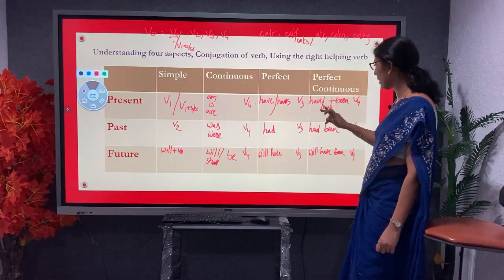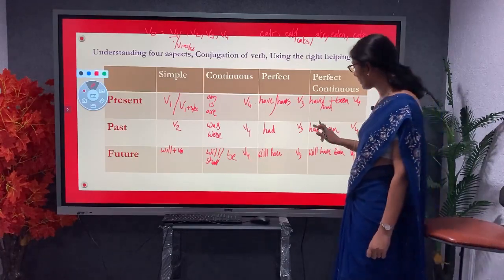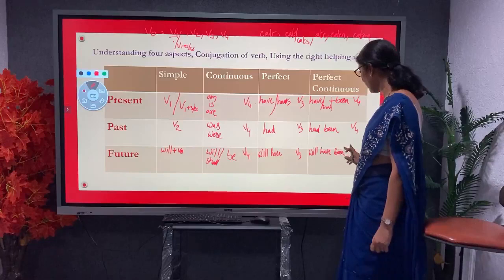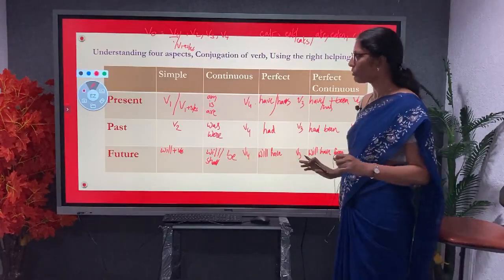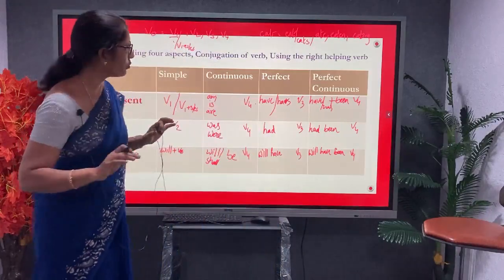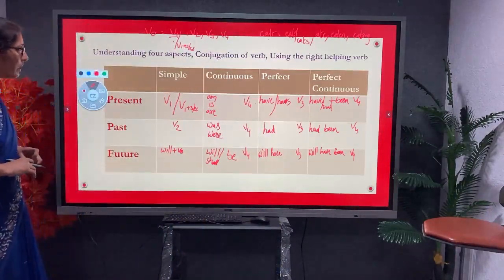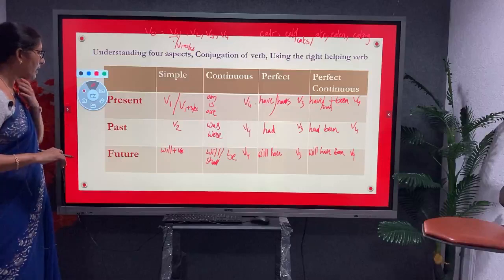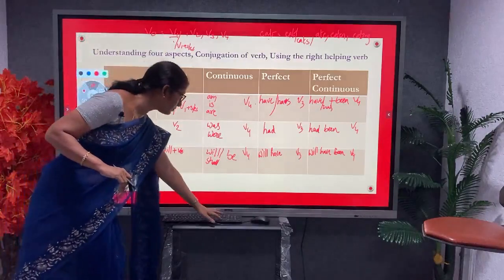Have been V4 or has been V4; for past perfect continuous, had been V4; and will have been V4. So this is the way we simply choose the right helping verb and the right form. Okay, let's move to the next slide.